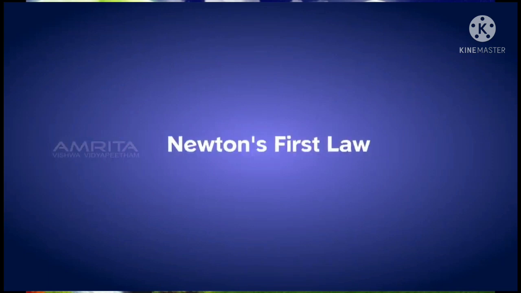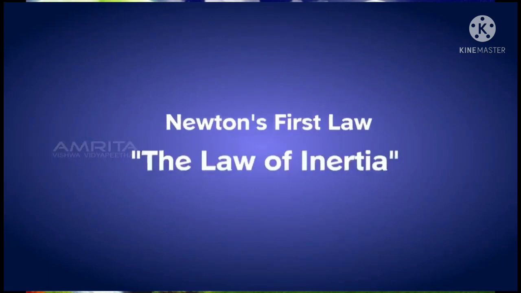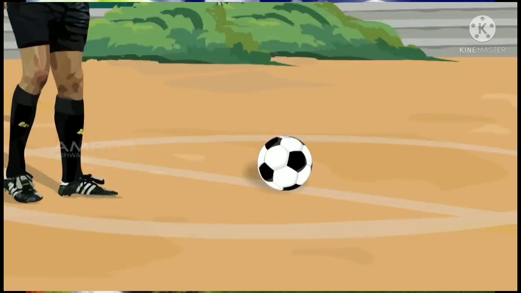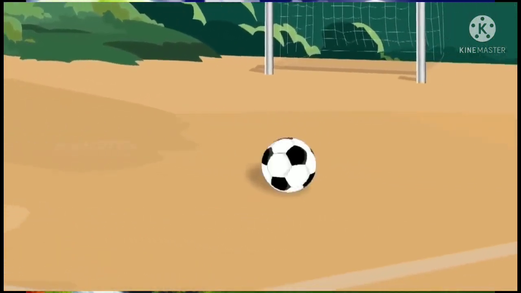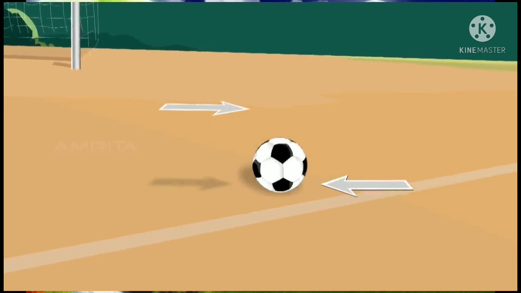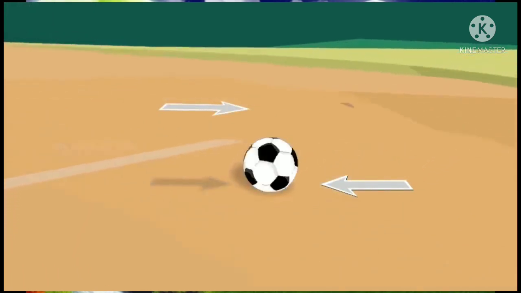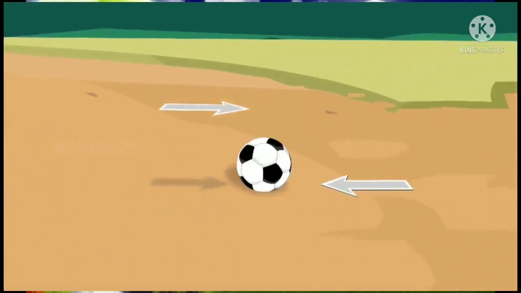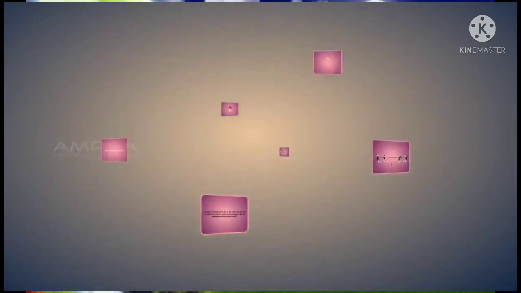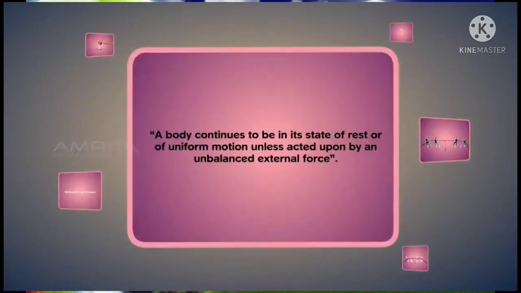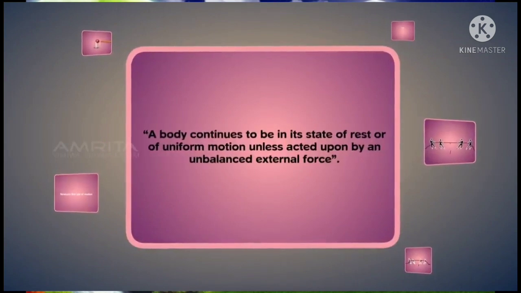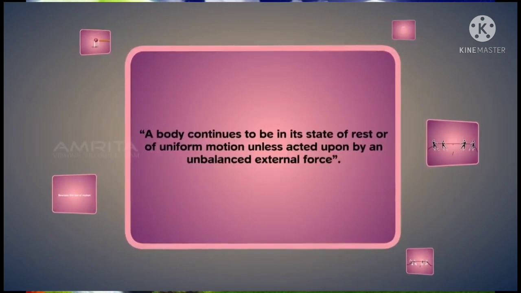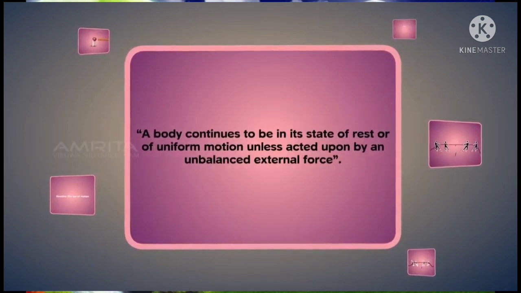Thus, Newton's first law is also called the law of inertia. Well, now this law should make sense. Do you understand why a ball on the ground after being kicked does not keep moving forever? The ball stops after some time due to the unbalanced external force applied by the ground in the opposite direction. Things to remember. Newton's first law of motion states that a body continues to be in its state of rest or of uniform motion unless acted upon by an unbalanced external force.